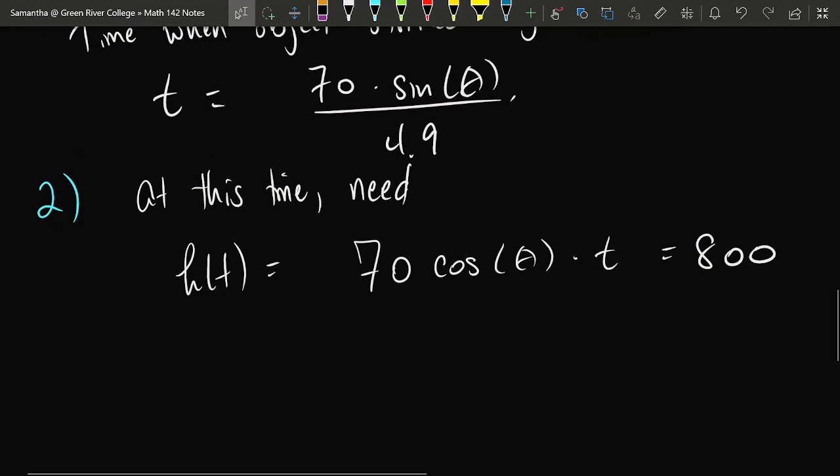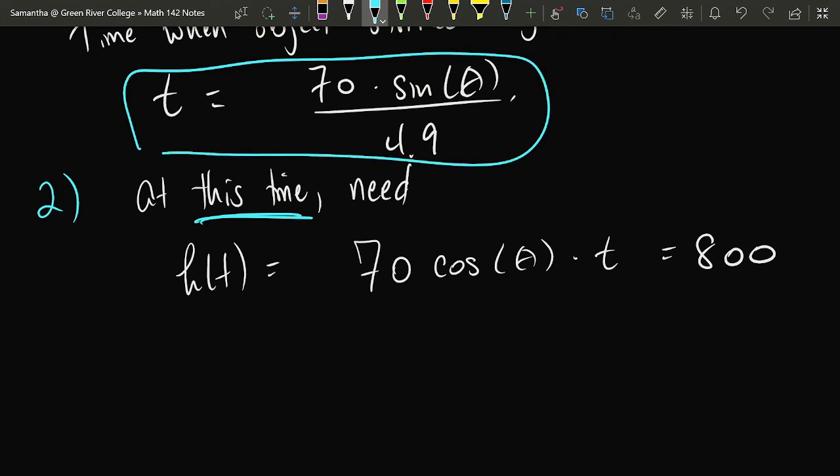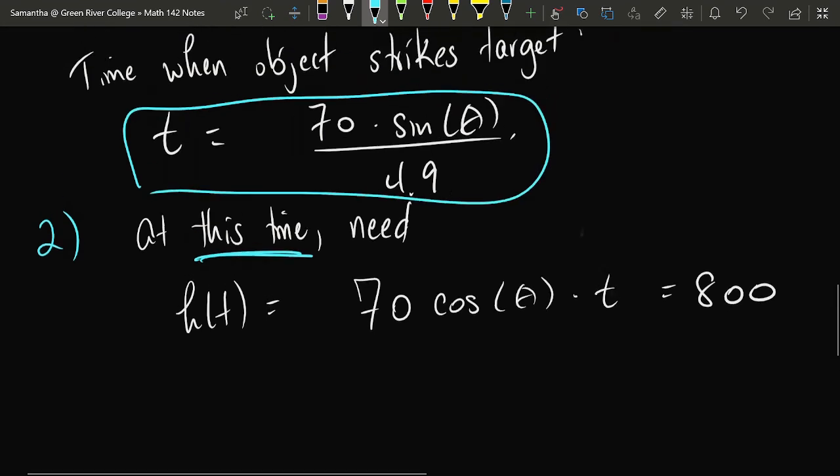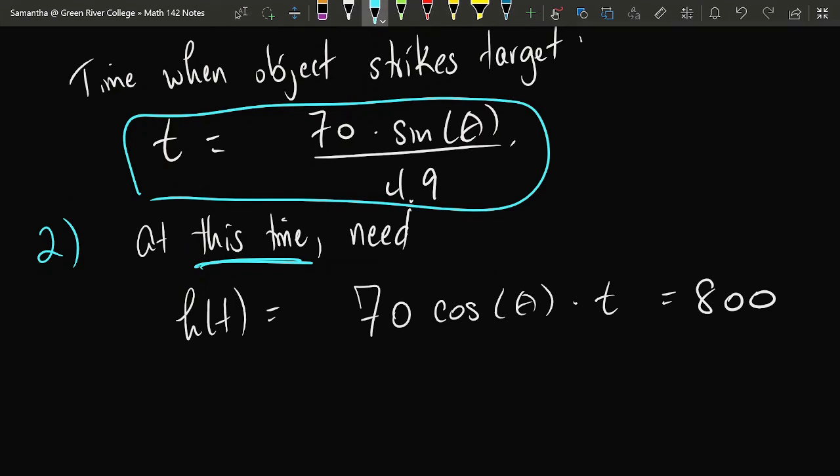Now, because we're specifically interested in the time when the object hits its target, and we found that the time when the object hits its target was given by this expression, we can substitute this expression in for the t in our horizontal position.